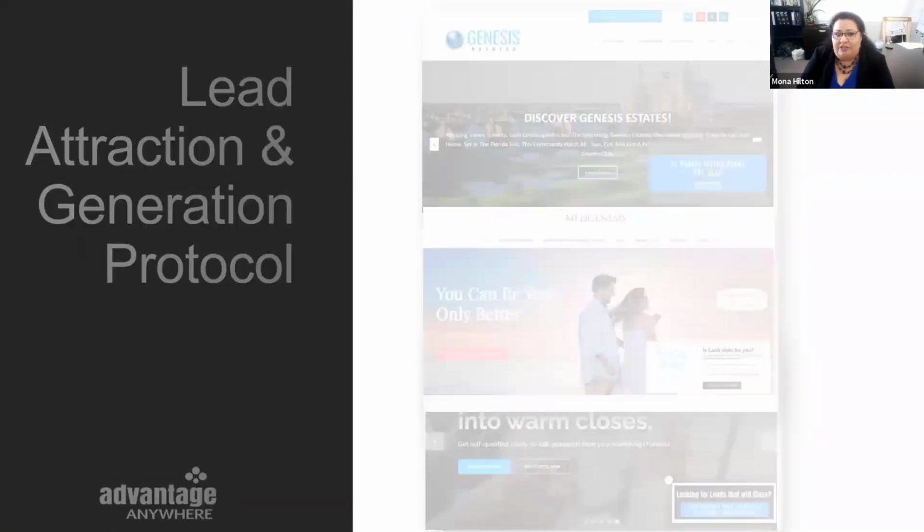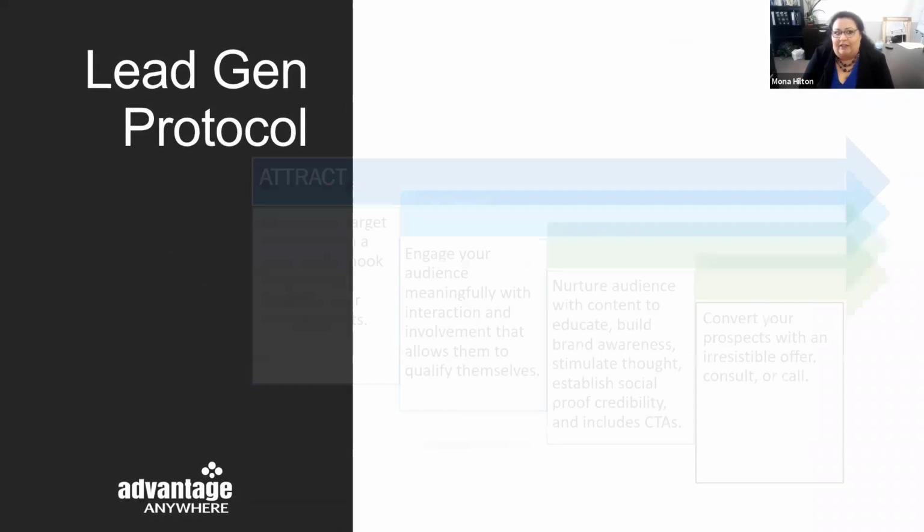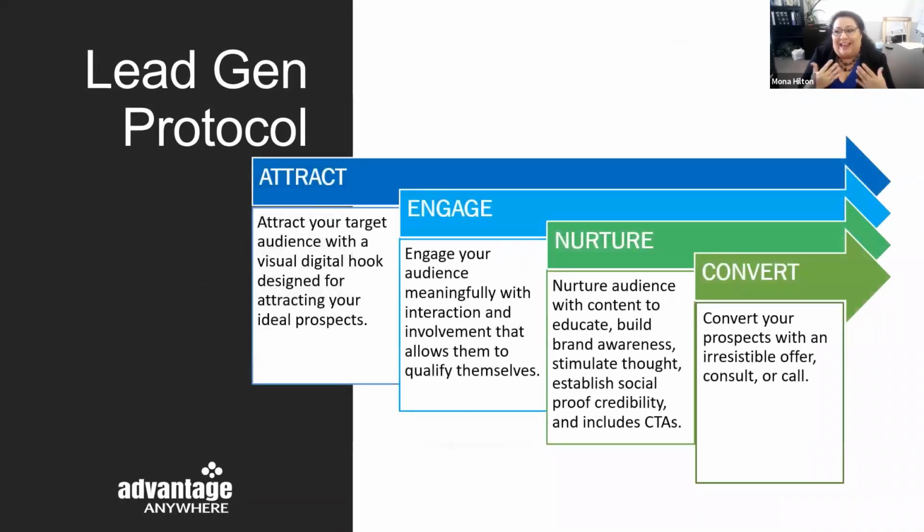They can click on the hook, and that takes them to a self-assessment that they fill out, which allows them to engage. So they're self-qualifying themselves. They're answering questions that make them think a little bit, maybe about things that they don't want to deal with, especially in senior living, or that just hadn't occurred to them. So it makes them think. And then, like Richard said, the nurture stage is really the magic sauce.